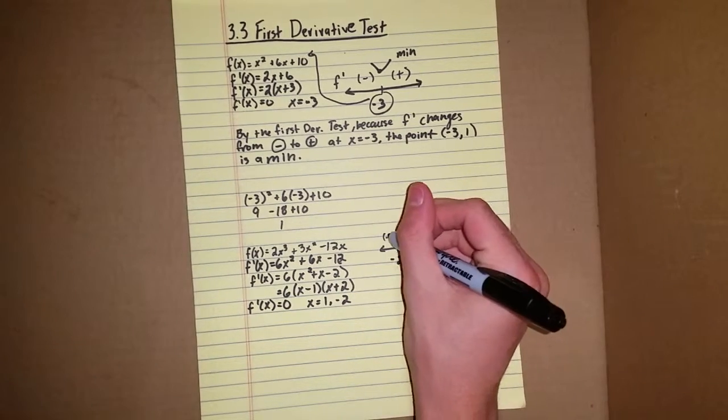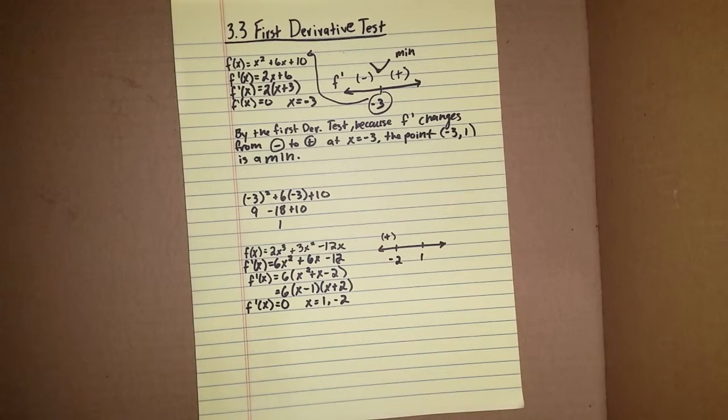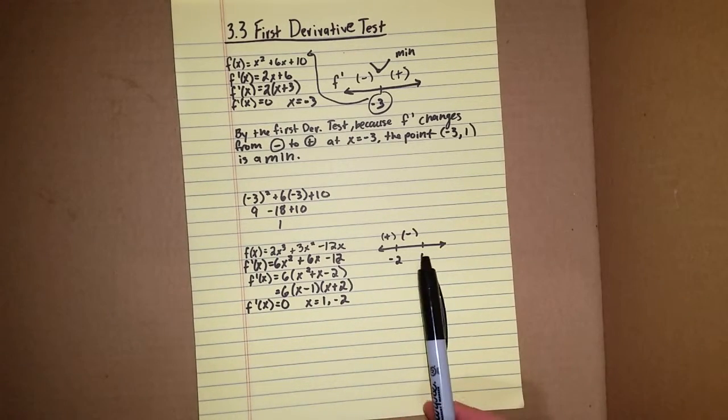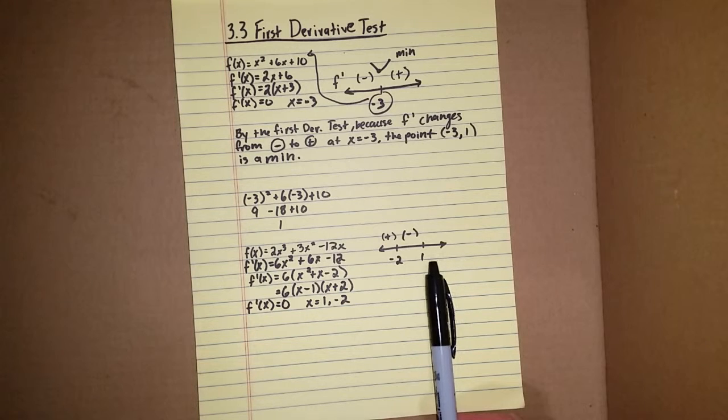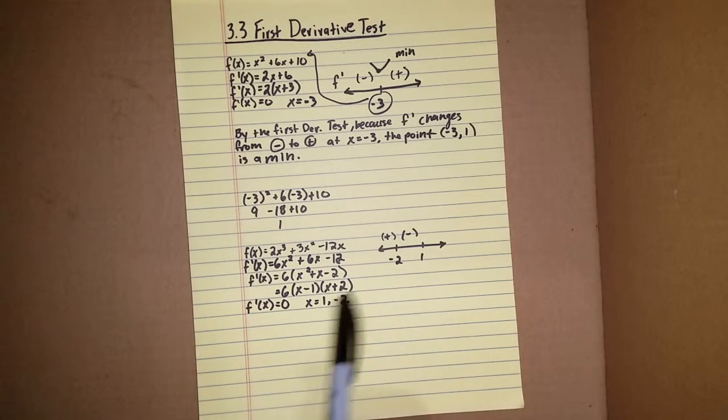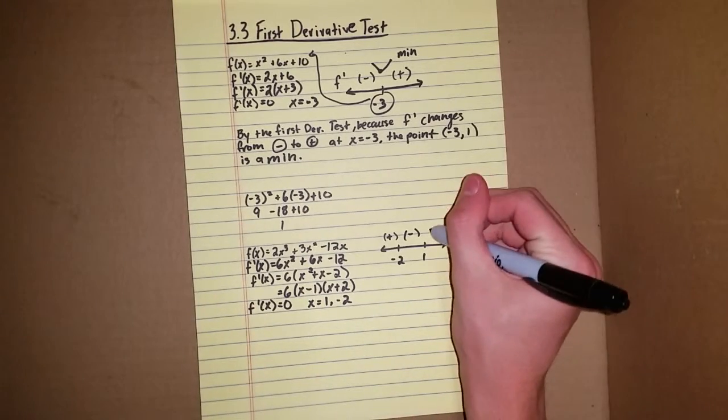Or no, sorry, it'll be positive, because negative times negative is positive. Then plug in a number in between negative 2 and 1, plug in 0. This term will be negative, positive, positive, so that'll be a negative. And then again, a number greater than 1. So we can pick any number, 1,000. And all these terms will be positive, so we'll end up with a positive number here.